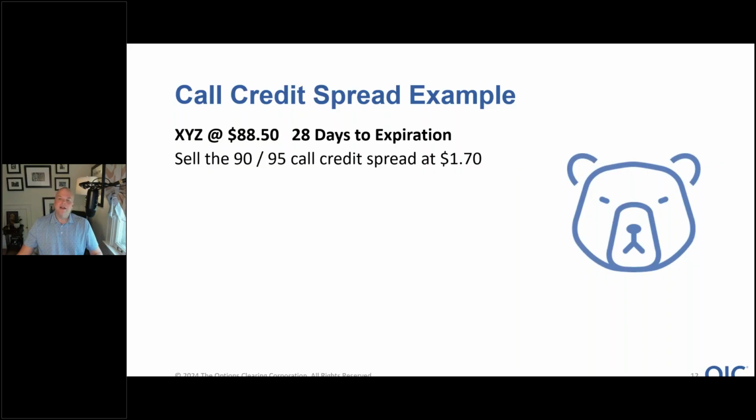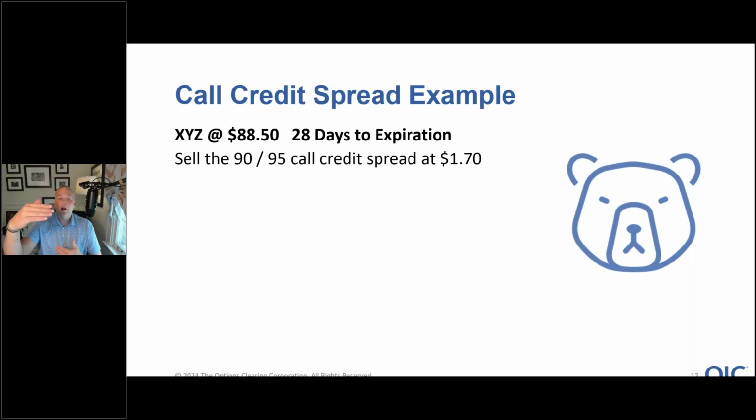You're short the 90-95 call spread. Again, you collected $1.70 to sell this call spread. Always keep in mind, when you sell or buy options, the amount of premium that you sell or buy that option for is immediately debited or credited from your account. And that does not change. If you sell this spread for $1.70, the $1.70 goes into your account and it stays there.